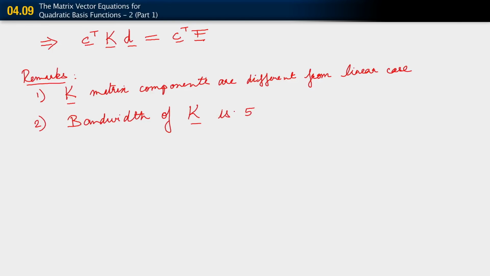Okay, so what we're getting here is that because of the use of quadratic basis functions, right, we are observing that the degrees of freedom have much more interaction between them due to use of quadratic basis functions.